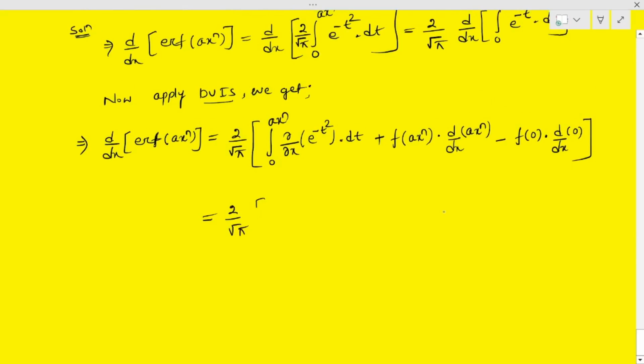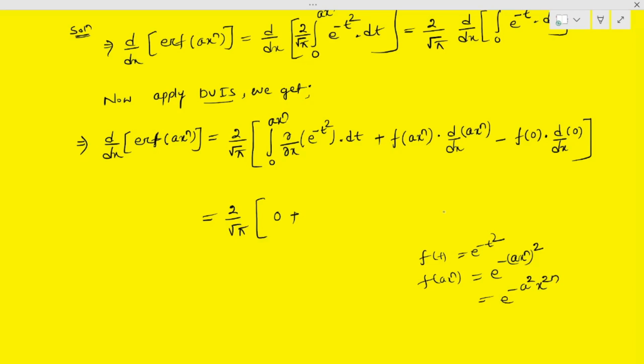The second term obviously will be 0. In the first term, f of t is e to the minus t square. f of ax to the power n will be e to the power minus (ax to the power n) whole square, so it will be e to the power minus a square x to the power 2n.